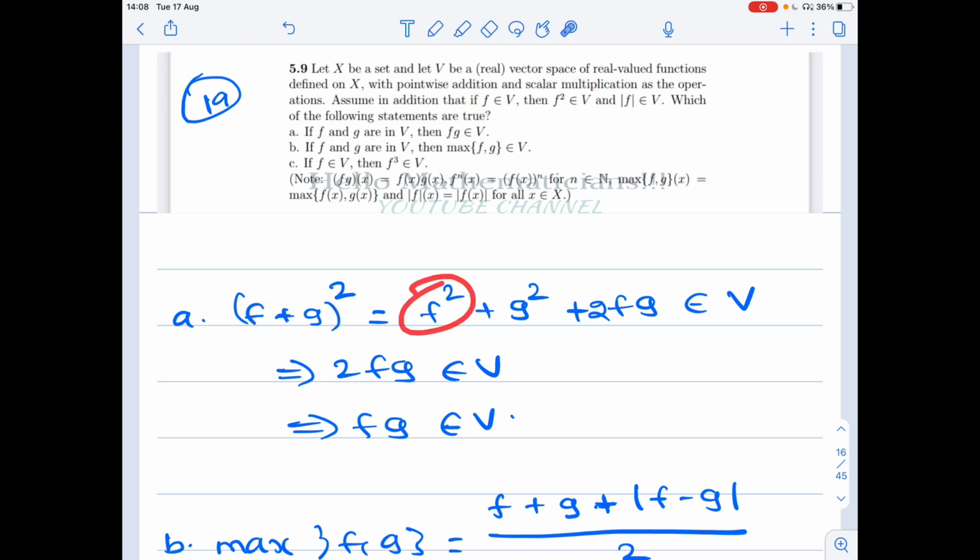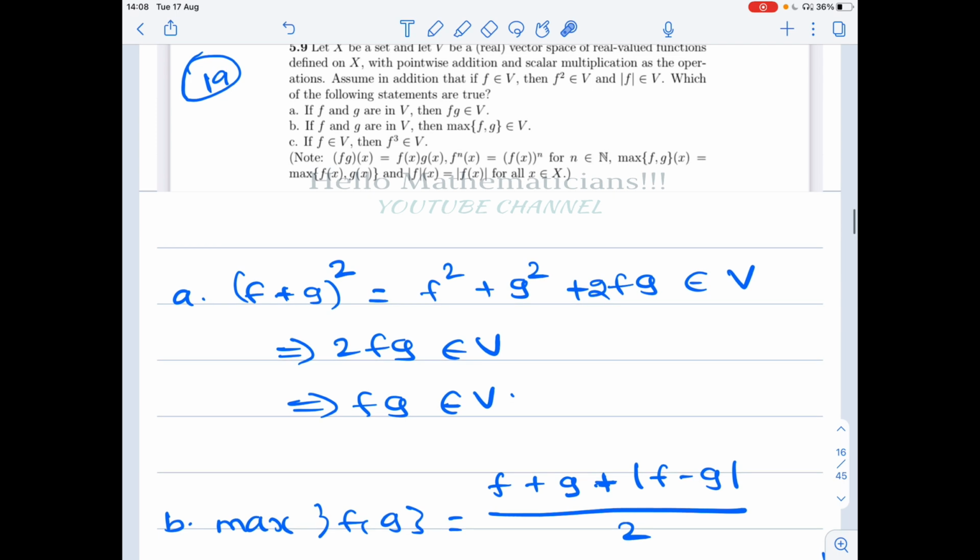So we get f squared plus g squared plus 2fg belongs to V. Now f belongs to V and g belongs to V, therefore f squared and g squared belong to V. V is a vector space, therefore their sum is in V, and their negative is also in V. So minus of f squared plus g squared is an element of V. If you add this to the earlier element, you get 2fg belongs to V. It is a vector space, so you can scale it by 1 by 2, and you get fg belongs to V.